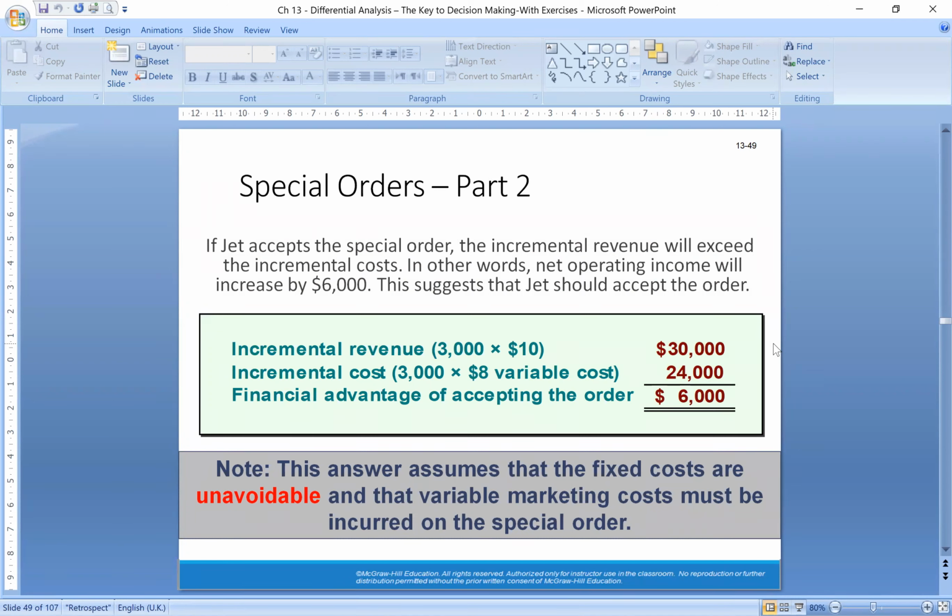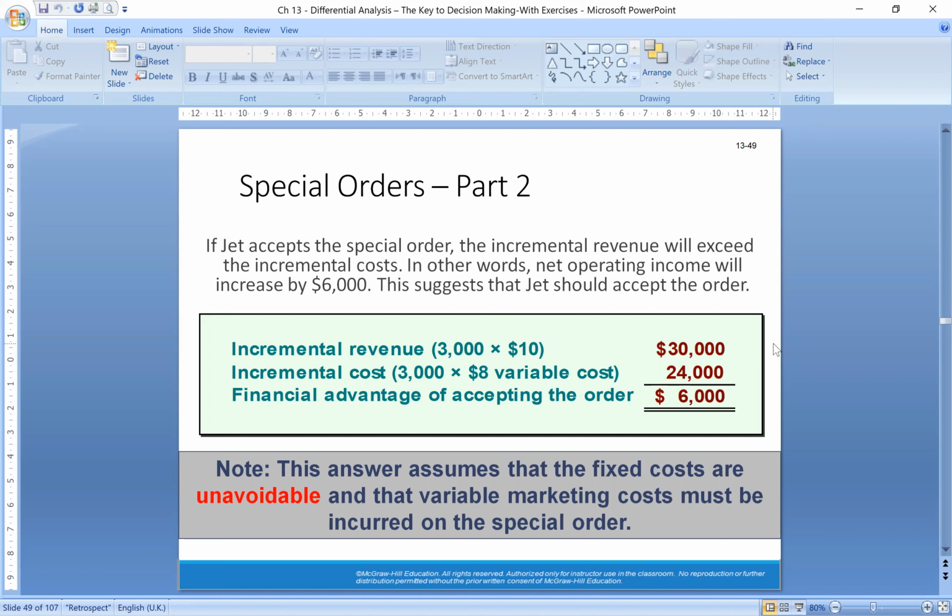So the incremental revenues will be 3,000 times 10, or $30,000. We will increase our revenues by $30,000. This is the meaning of incremental. So the total revenues will be what?